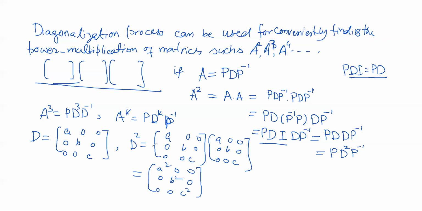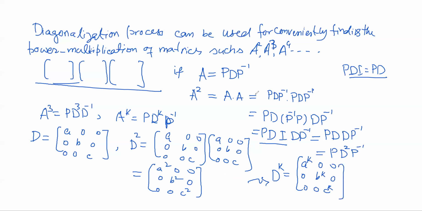So D square can be found by just squaring the elements on the diagonal. So D power K will have A power K, B power K, C power K on the diagonal.